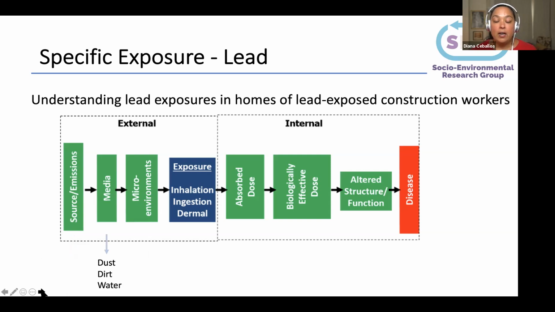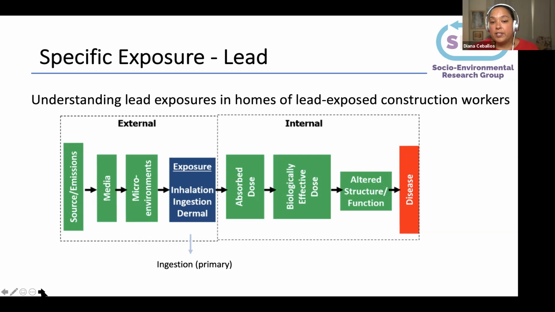And then as media, we would have dust, dirt, or water. As a microenvironment, we would have the home, so inside, the garden outside of the home, and then we also have the car, because especially if the worker uses the car and the family uses the same car, then there's potential for lead exposure for workers and their families there.